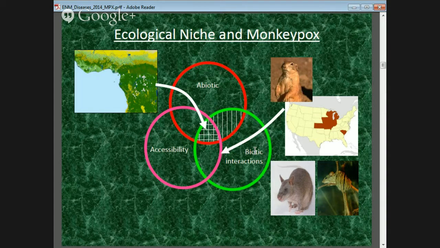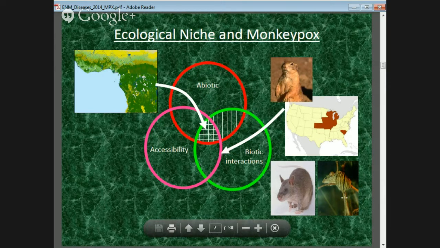And I put these pictures and maps on the right just to make the point that there was an event of introduction of monkeypox virus into the US in 2003, and this is a clear example of how a virus can be transported or introduced into an area which normally is not accessible to it, and humans have made it accessible by importing animals.